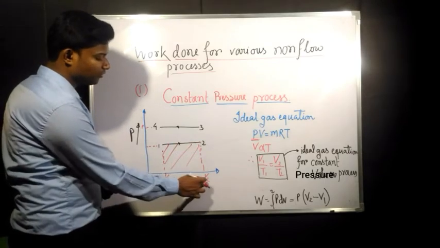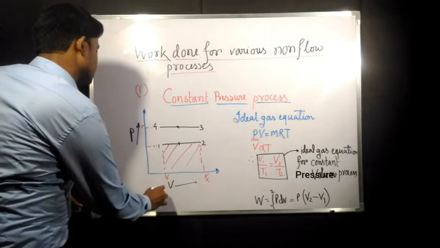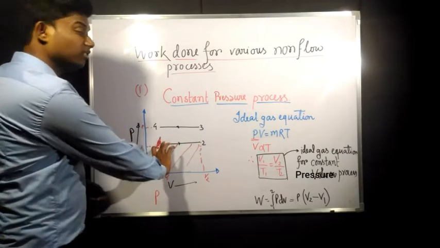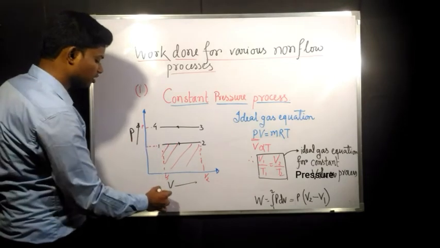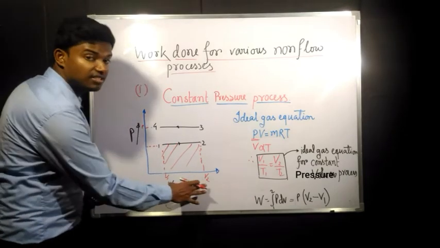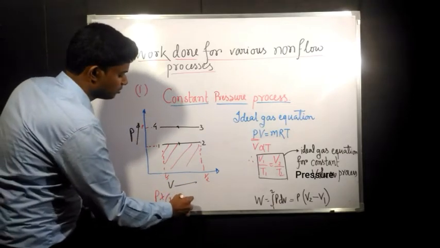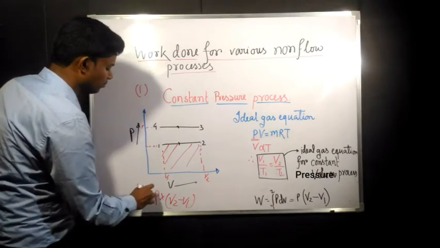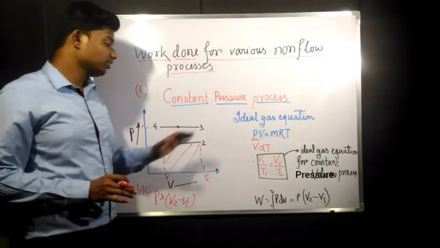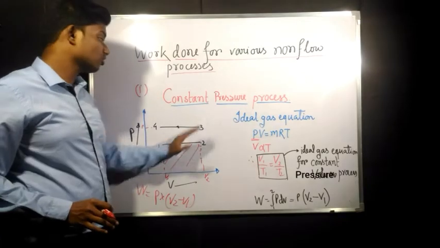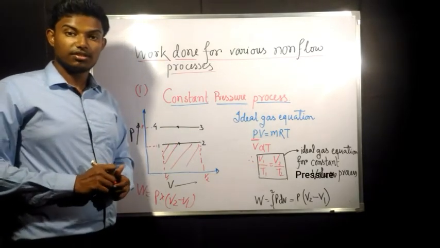This distance means volume V2 minus V1. So the area is pressure into V2 minus V1. This will give us the work exactly the same as this one. This is the work done expression for a constant pressure process, and we need to remember these for solving questions.